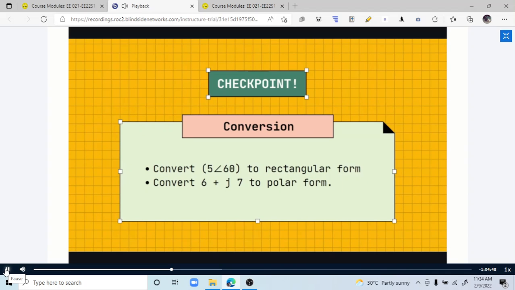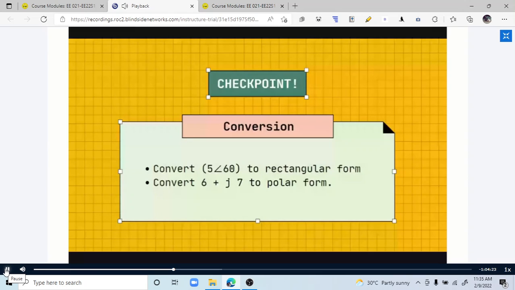So what would be the answer? You type on the chat box the answer you've got. The whole answer. Just round it into 2 decimal places. Okay, so that is 2.5 plus 4.33i.